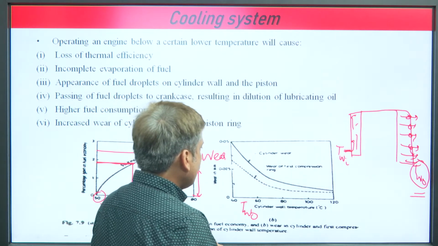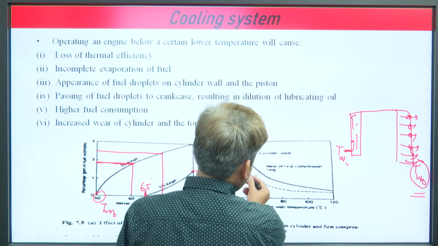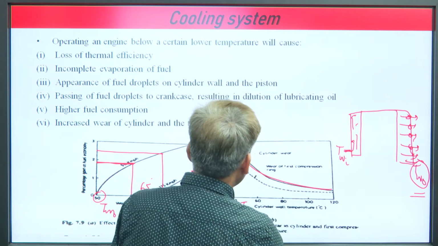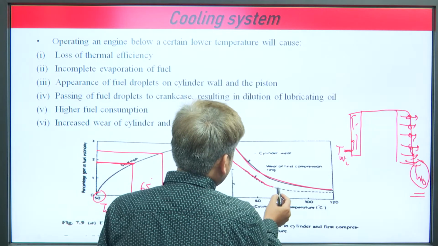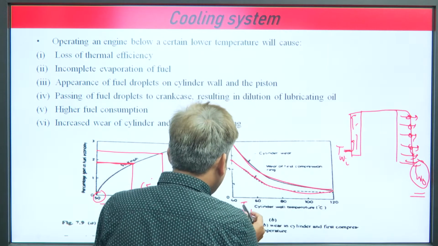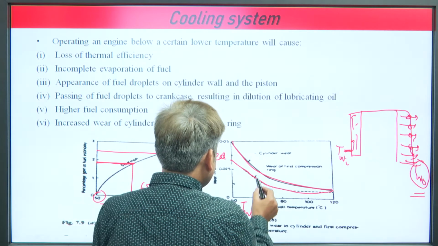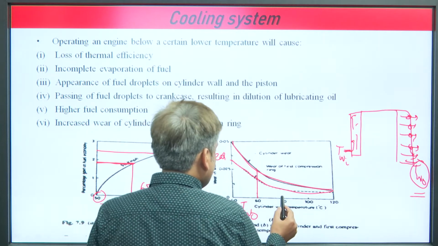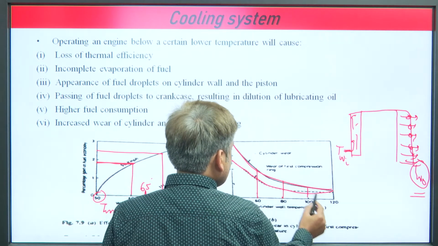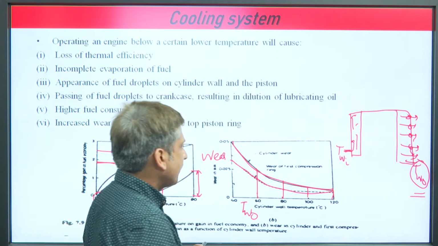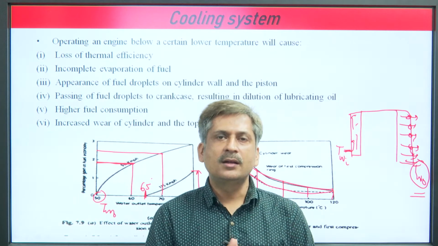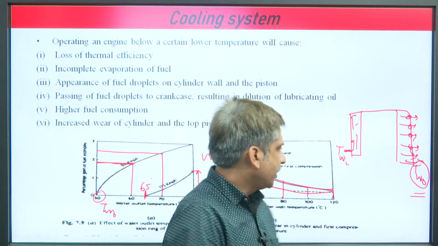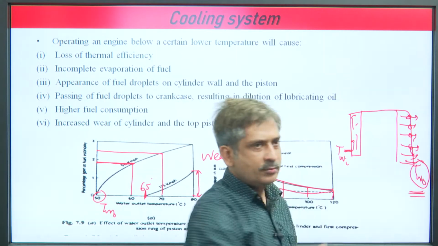So, it has been found that the trend is like this, and initially the cylinder wear was this much, but as you increase the outlet temperature, disturbing the outlet temperature, this wear and tear is affected. So, wear and tear as well as the mileage of the engine are affected by controlling this outlet temperature.